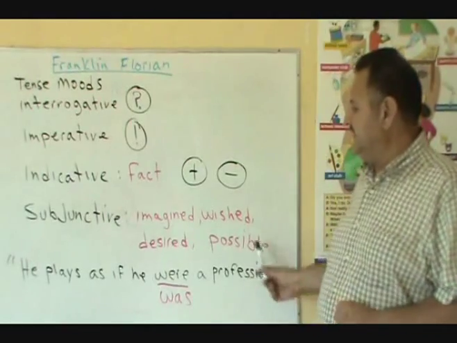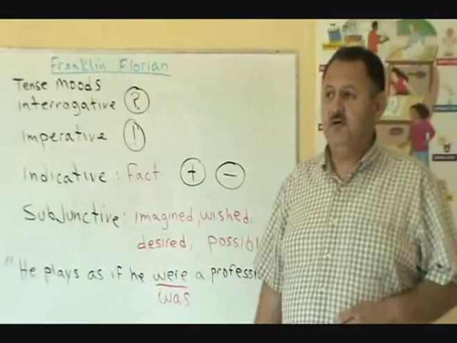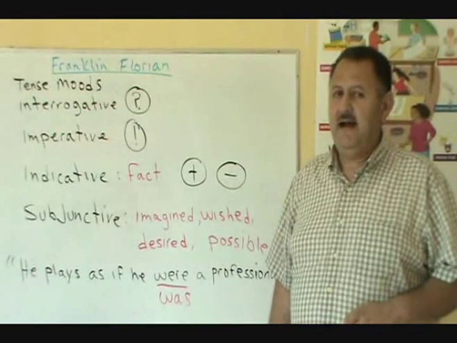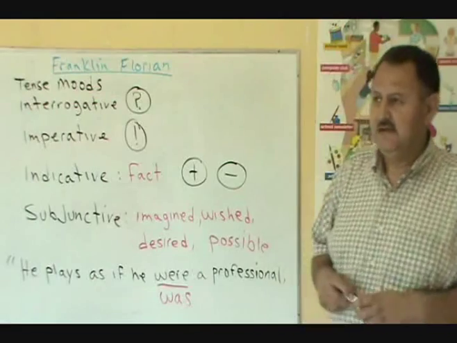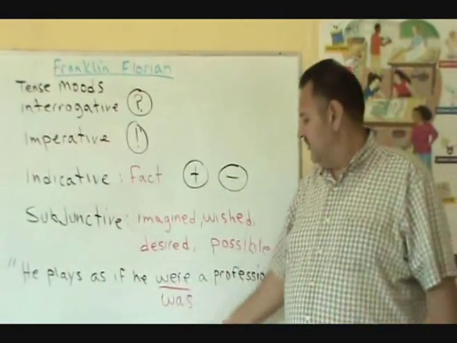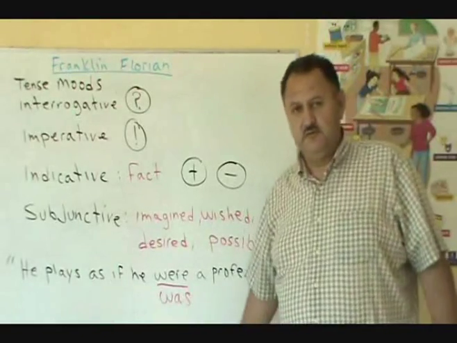Okay? And it is in this subjunctive mood where I'm going to show you how we use the verb to be, because that is the issue here. How do we use the verb to be in the subjunctive mood?